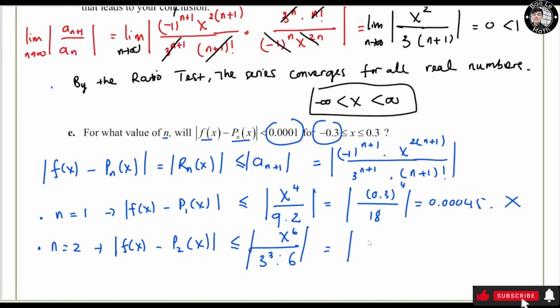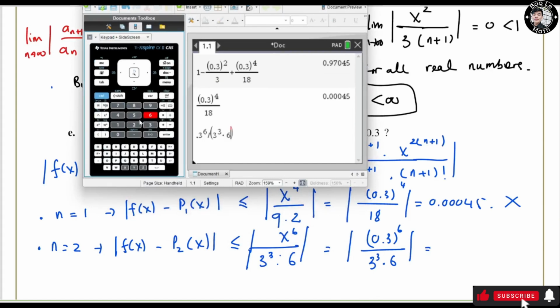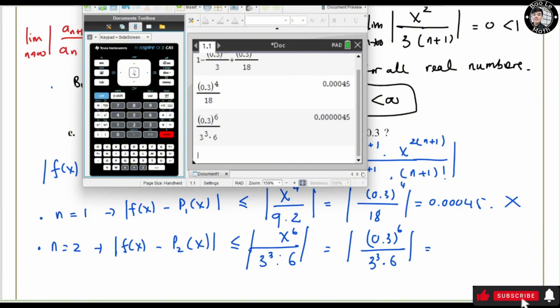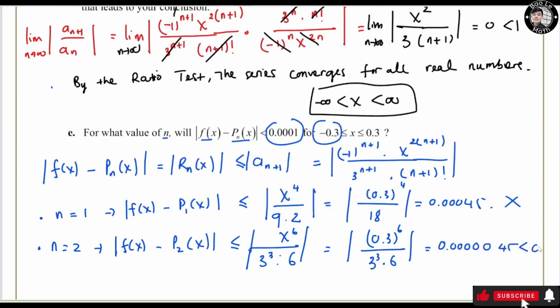So it's going to be the absolute value of 0.3 to the power of 6 over 3 cubed times 6. And I'm going to pull up the calculator and press Ctrl Enter. It's going to give you 0.00000045, and this guy is actually less than 0.0001. So the least positive integer is n equals 2.